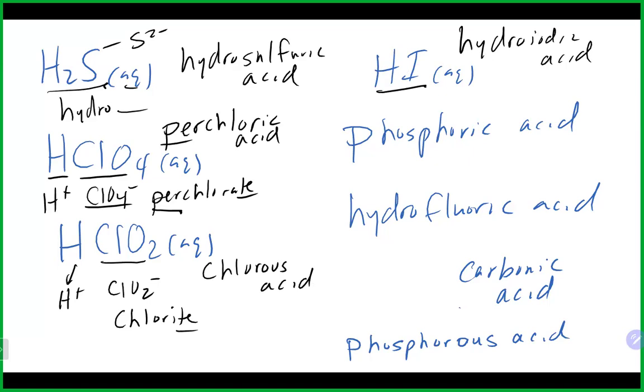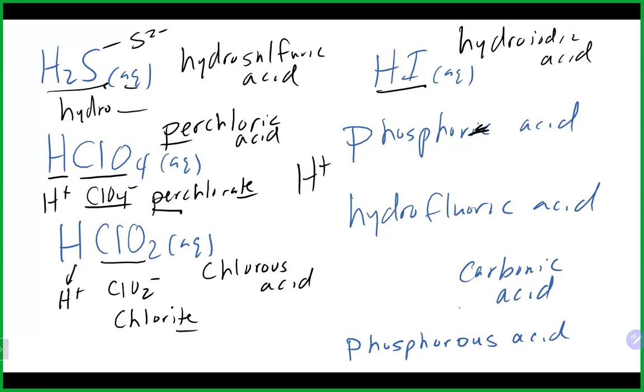Now, when you have the name for an acid, you need to go backwards. Here's how you could kind of deconstruct it. We know that all acids, the positive guy is the H plus, so we need to find the negative guy. So phosphoric with no hydro means it has oxygen, and it's a polyatomic ion.